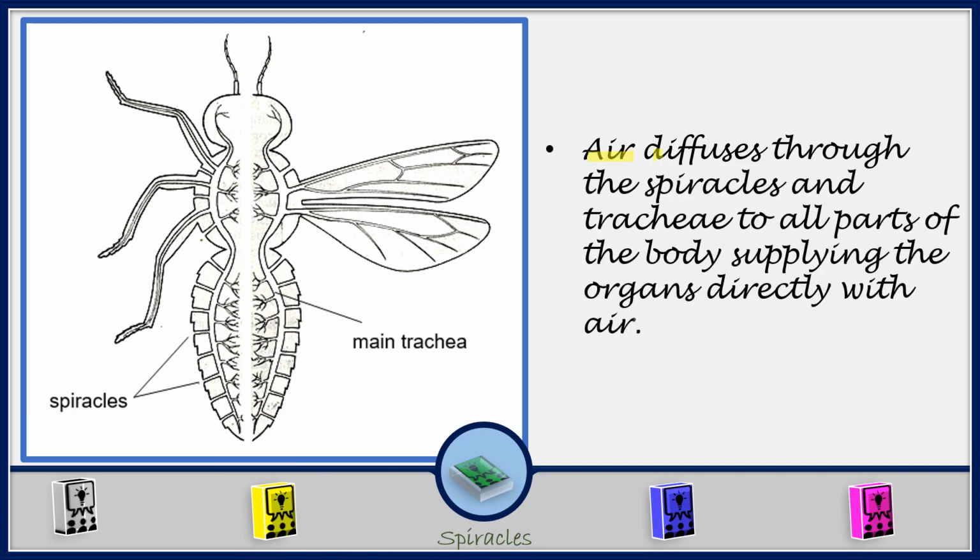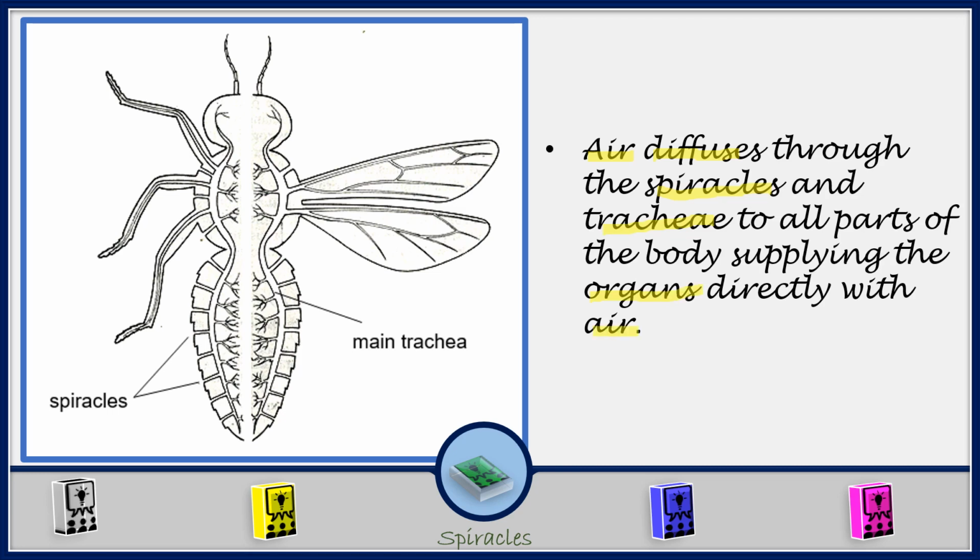Air diffuses through the spiracles and the trachea to all parts of the body, supplying the organs directly with air.